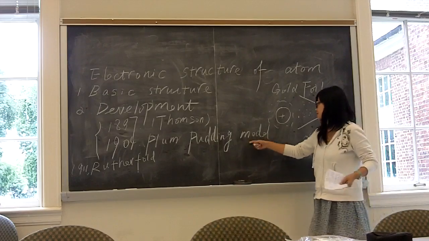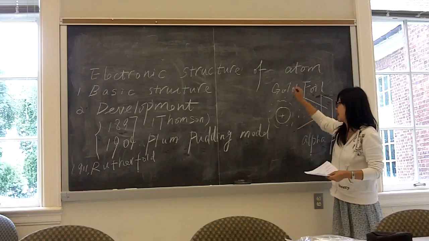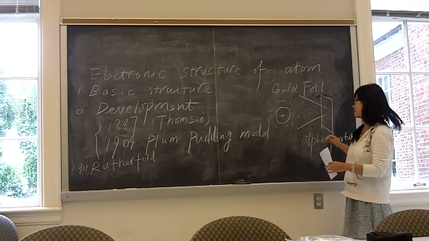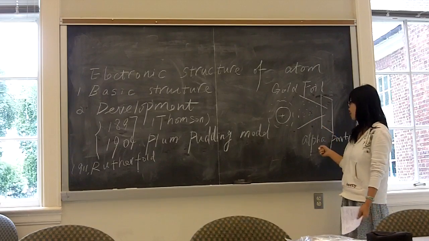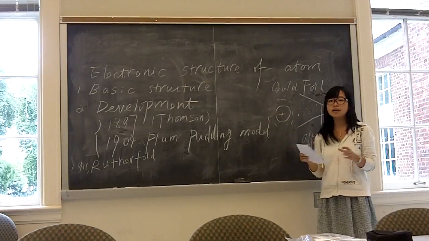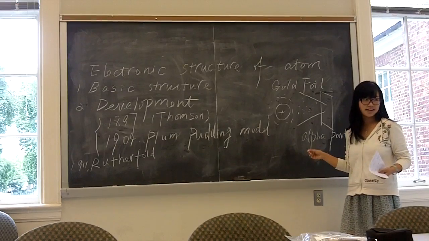So if this model is true, it will be reflected and turn back, because it is quite a large sphere and this particle is quite small, right? But the unexpected result is that most of the particles continue moving forward in their directions, and only a small portion of the particles were deflected.